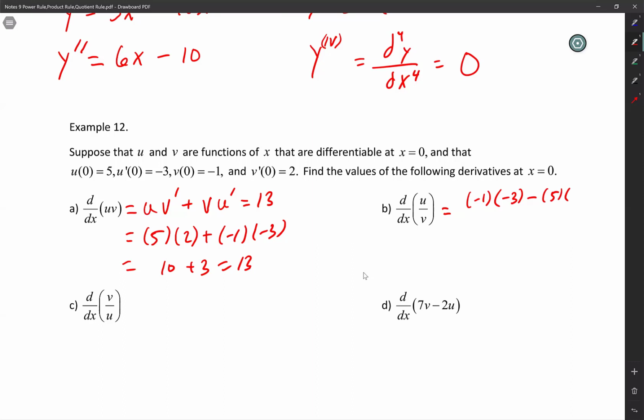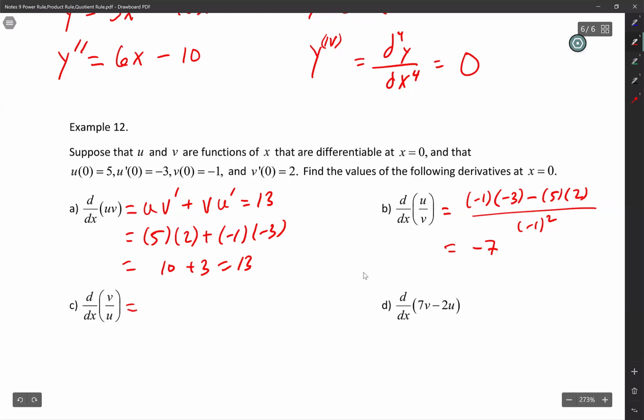No, I didn't. 2. All over bottom squared, -1 squared. Bottom times derivative of the top minus top, 5, times derivative of the bottom, 2. Yep, everything looks good to me, guys. So let's see what we got there. 3 in the top, 3 minus 10, that's a negative 7. So negative 7 divided by negative 1 squared, so I'm just going to get negative 7. Everyone see how we got that?